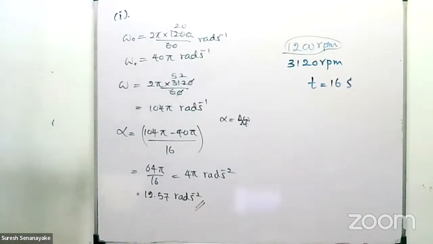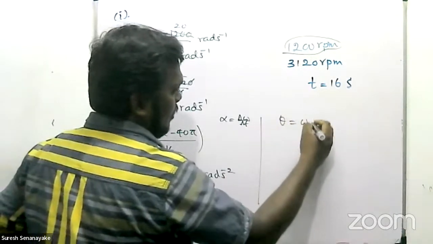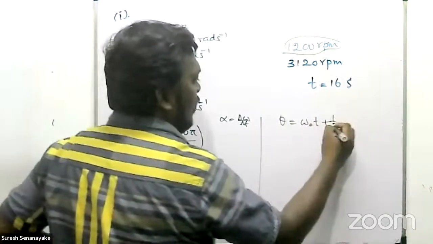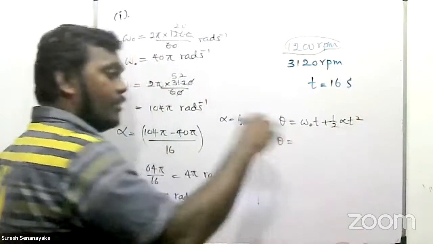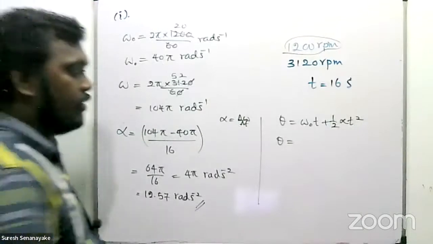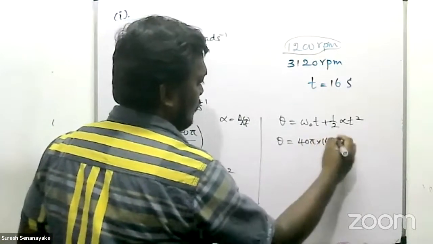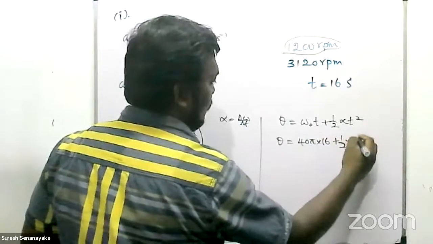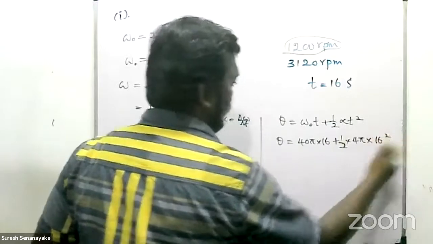And then they ask how many revolutions the wheel makes in this time. You can use this equation: theta equals omega naught t plus half alpha t squared. This finds how many radians it rotates. So omega naught is 40 pi, t is 16, plus half, alpha is 4 pi, and t is 16 squared.